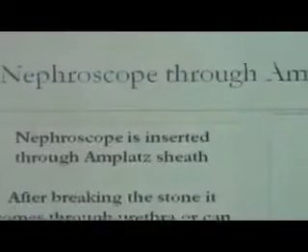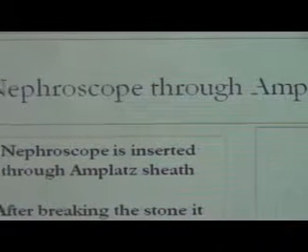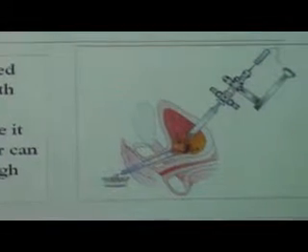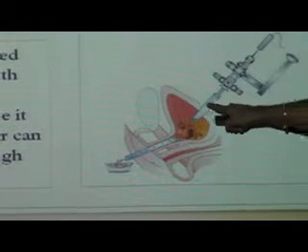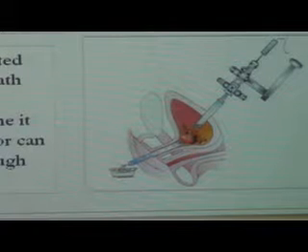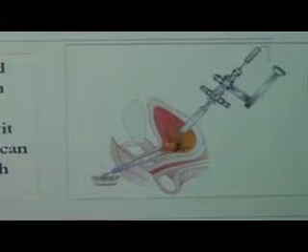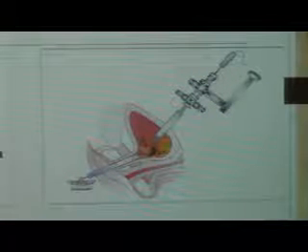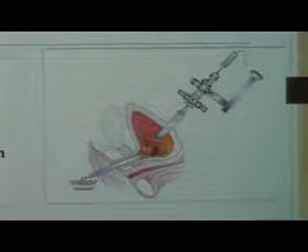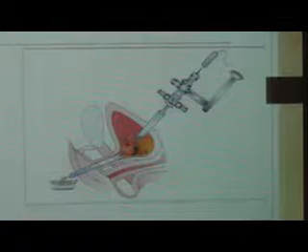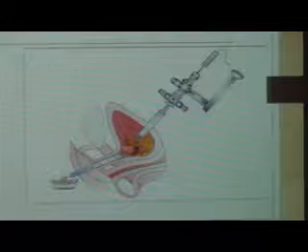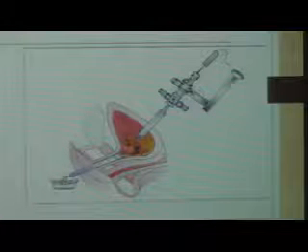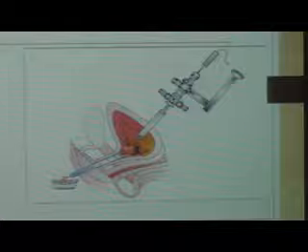And in this diagram we can appreciate how the nephroscope is being inserted over the Amplatz. Once the nephroscope is inserted through the Amplatz, start the breaking of the stone, and it comes out through the urethra, or we can also retrieve it through the nephroscope. So there are two routes: either remove it through the nephroscope, or if you have broken it, it will pass through the urethra. Okay.